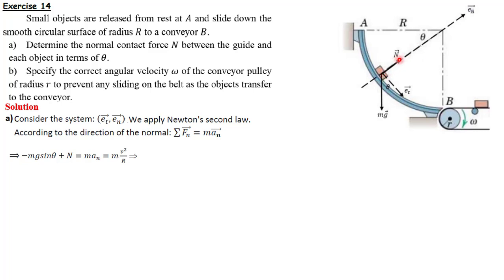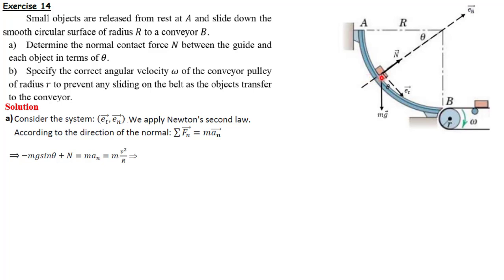The normal reaction has the same direction as the normal unit vector, noted as En, or simply N. So let's project the fundamental relation of dynamics on the normal unit vector to find the expression of N. Okay, so we have mg plus N equal ma.